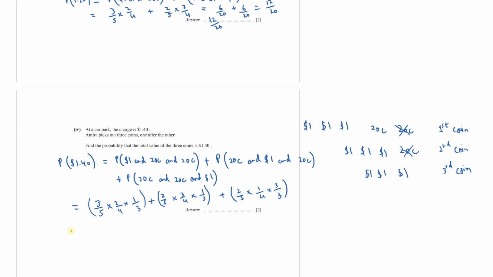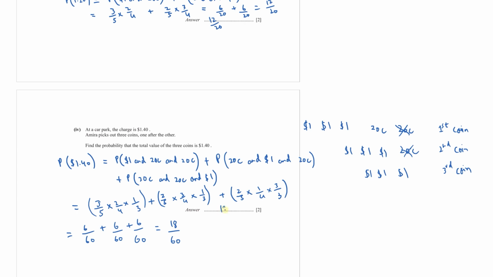So now you can calculate this. This will give you the probability that the value of 3 coins is $1.40. So this is 6 over 60, plus this is also 6 over 60, plus this is also 6 over 60. So this will be 18 over 60.